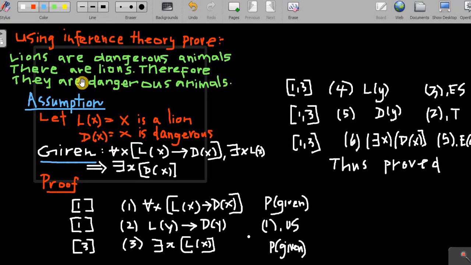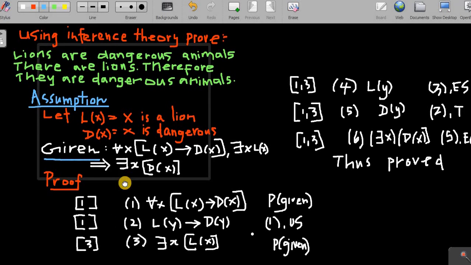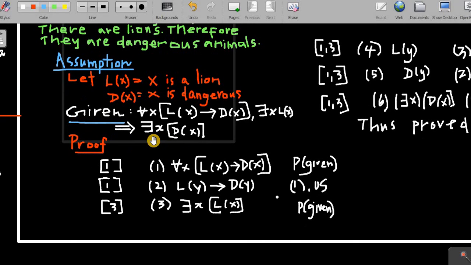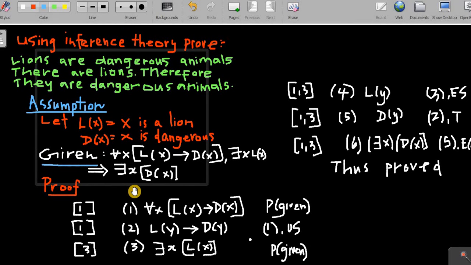There are dangerous animals. Therefore, there exist some dangerous animals. How to transform this? There exists X, D of X. So completely converting the statement, lions are dangerous animals, there are lions, therefore there are dangerous animals.